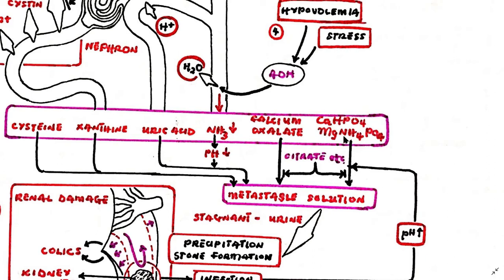Conversely, uric acid or urate is more soluble when dissociated than undissociated, and uric acid stones are formed more readily in acidic urine. If the formation of ammonia is reduced, the urine has to be more acidic for acid to be eliminated, and this promotes the formation of urate stones.